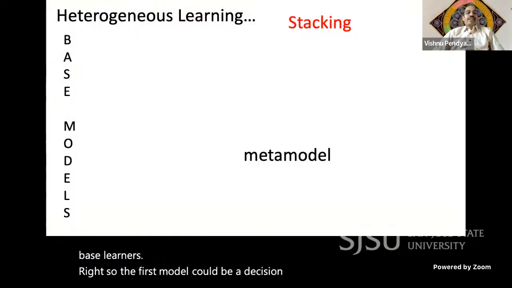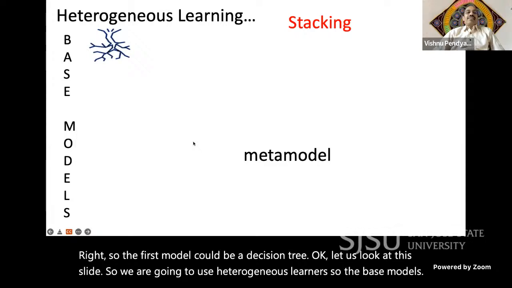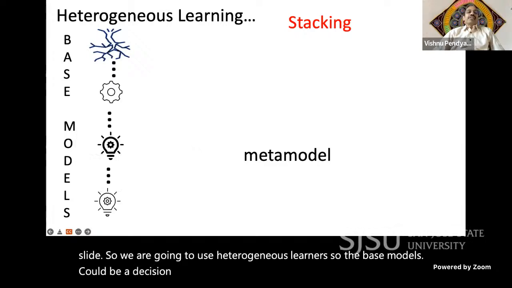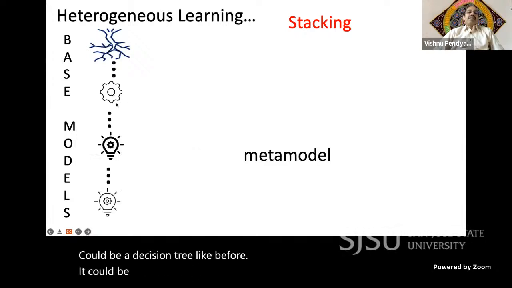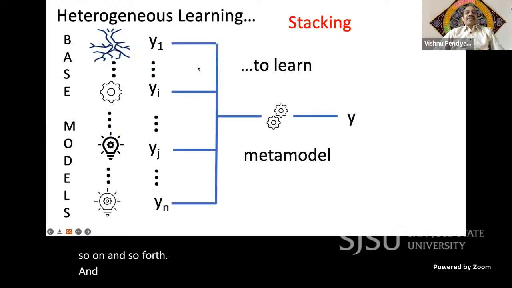Okay, let us look at the slide. So we are going to use heterogeneous learners. So the base models could be a decision tree like before. It could be support vector machines, logistic regression, naive Bayes, and so on and so forth, right? And then we are going to stack. Why is it called stacking?